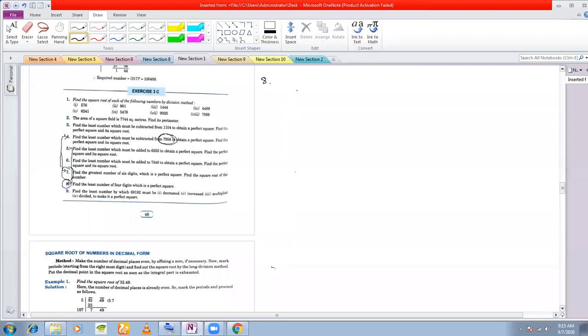Find the least number of 4 digits. This time not the greatest number of 4 digits, but the least number of 4 digits, which is a perfect square.